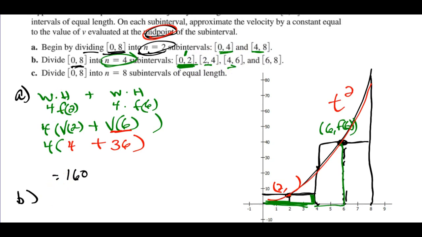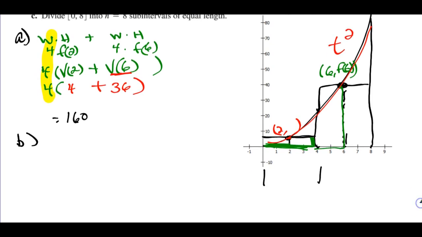So just like I had the width of 4 before, now I'm going to have a width of 2, and I'll factor that out. So 2 times all of the v sub midpoints.